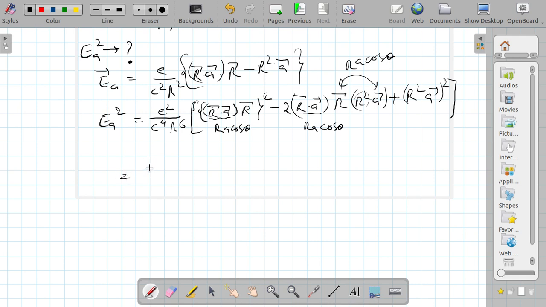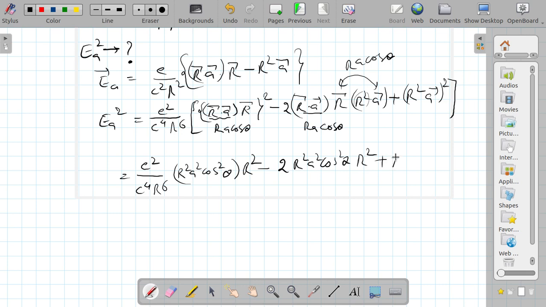So that means R square A square cos square theta into R square minus 2R square A square cos square theta, and this R square can be taken outside, plus R^4 A square.